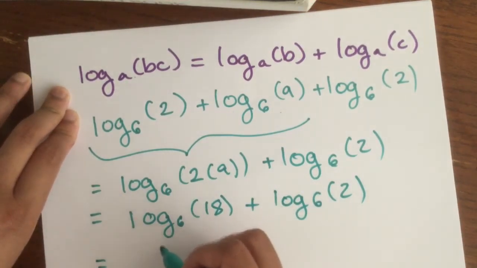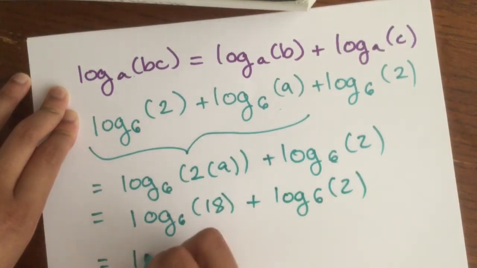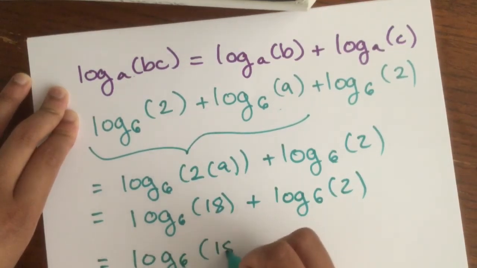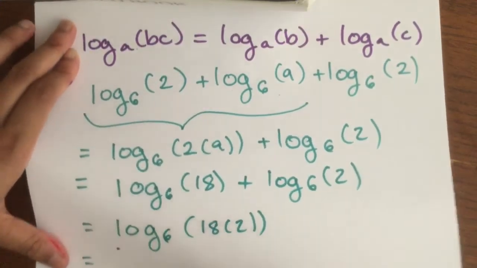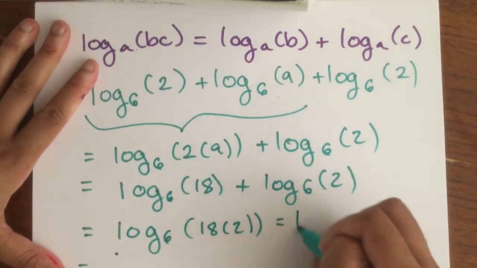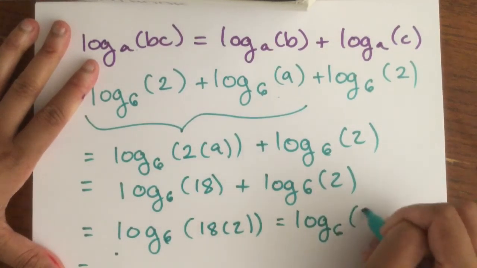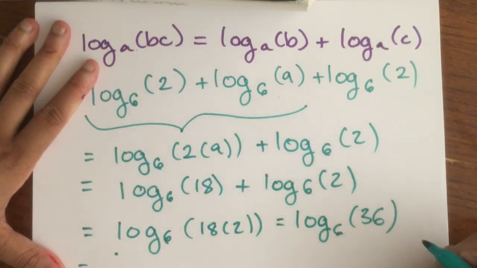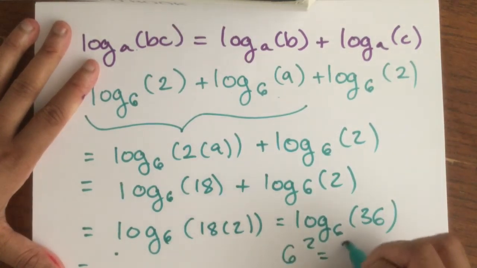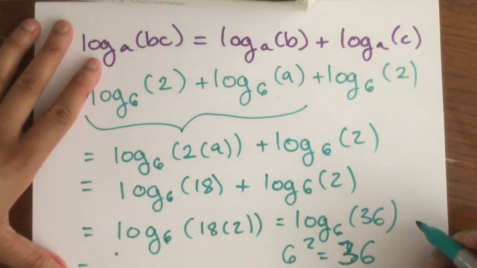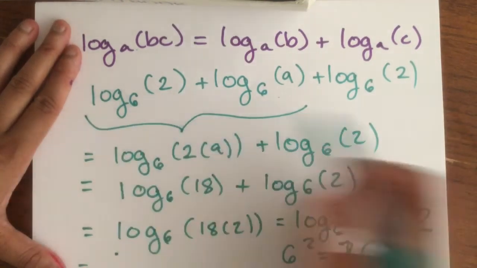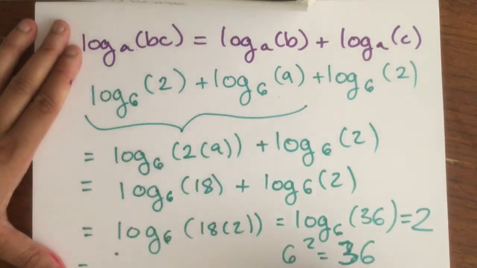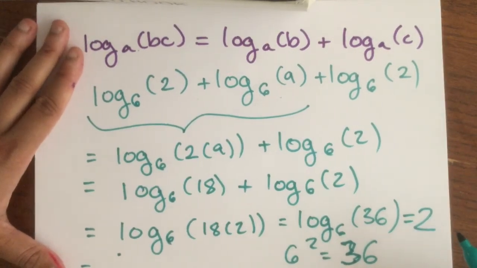But if we combine these two now, this is going to be log base 6 of 18 times 2, which is log base 6 of 36. But wait, 6 squared is 36. That's a terrible 3, sorry. So this is just 2. So instead of getting a whole bunch of decimal numbers and adding them together, using our log laws, we actually get a very nice clean 2.